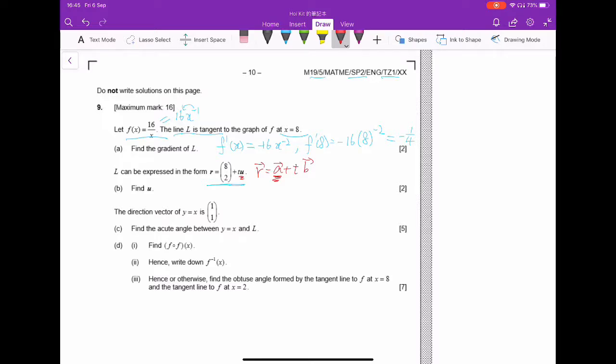Okay, so how do we find this u? Obviously, part A should be relevant. In part A, we know that the gradient of the line is minus 1 over 4. What does that mean? That means the line is going down in a way that, remember the definition of gradient, gradient is rise over run, right?